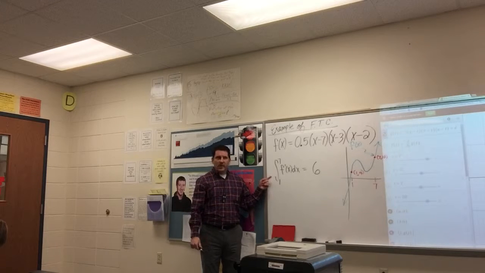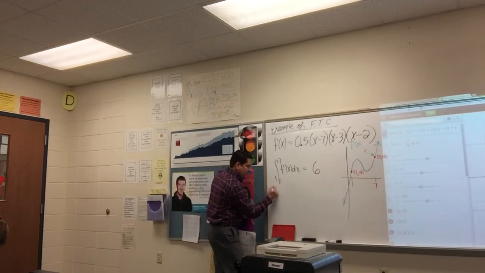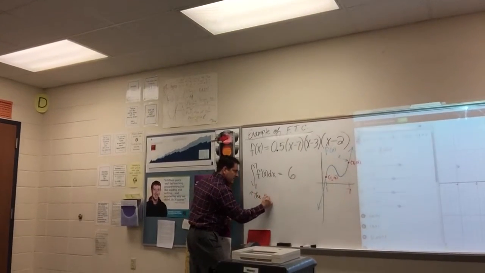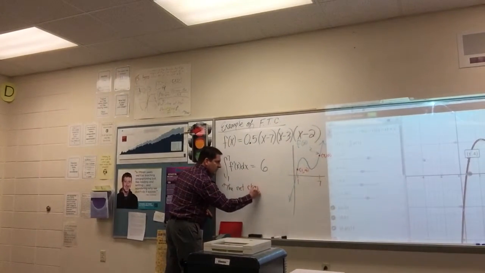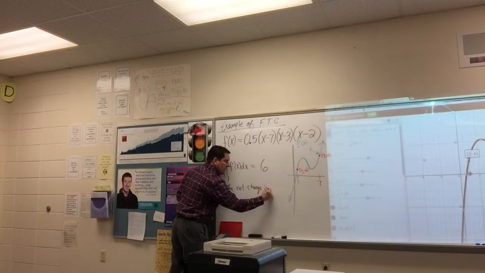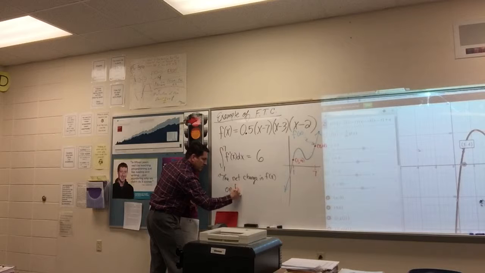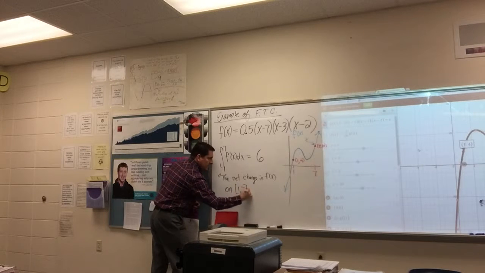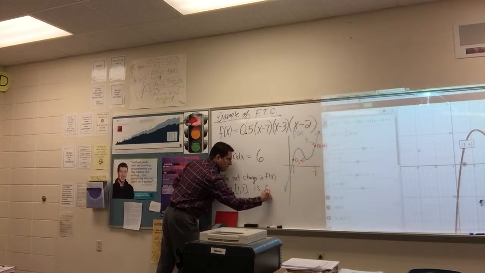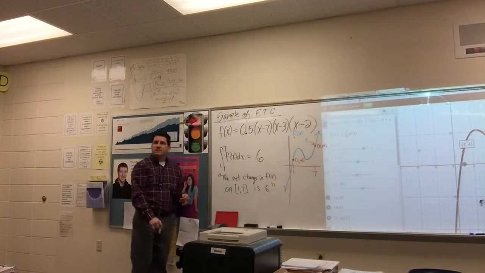It's the net change. So let's say it here. The net change in f of x on the interval from 1 to 7 is 6.